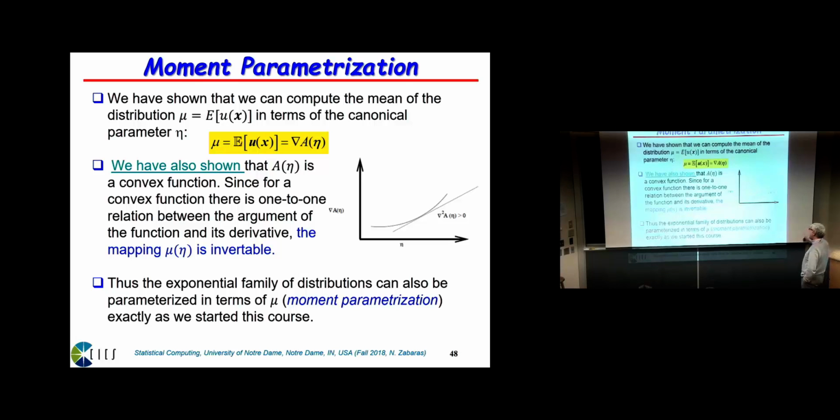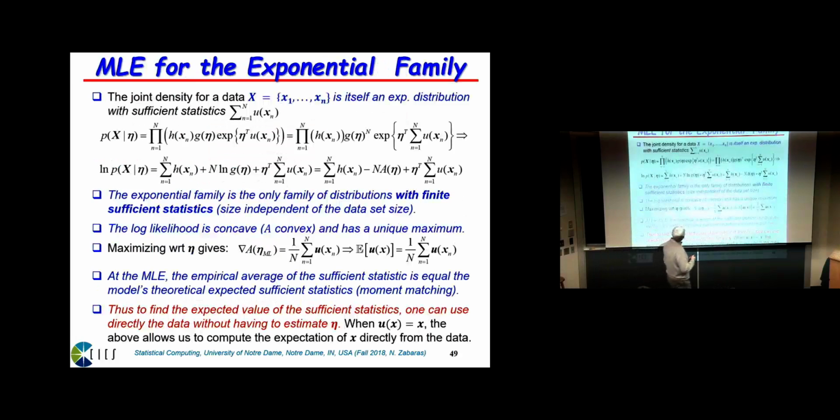So the mapping from this natural parameterization, the parameter theta, to moments is invertible. So if you write me down a distribution, a Gaussian, in terms of moments, I can write an equivalent form in terms of natural parameter theta. And in the early lectures, we gave this one-to-one mapping for various distributions, for sure including the Gaussian.